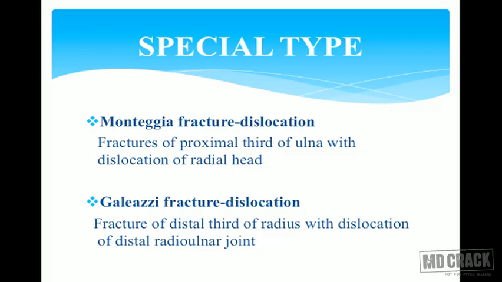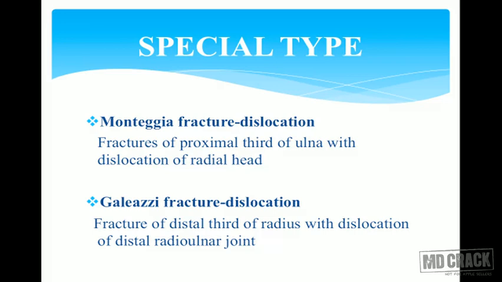It is a fracture of the proximal end of the ulna with dislocation of the radial head. That is, the radius is divided into the head, the shaft section and the distal end. So the radial head is the proximal part which gets dislocated, and there is a proximal third ulnar fracture which is seen in Monteggia.